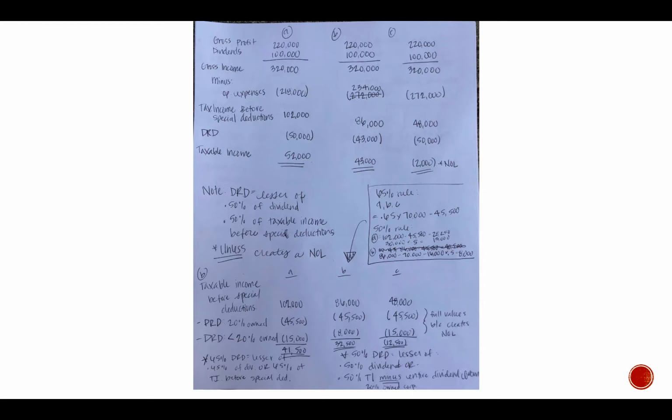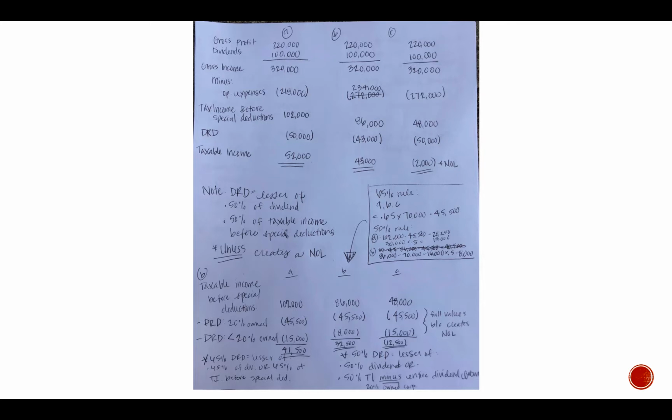Now, for the dividends received deduction for the less than 20% owned shares, you can see in the box I have a little box with an arrow. We kind of did that up here. So we know the 50% rule tells us either half of the dividend, which was $30,000, so $15,000, or taxable income before special deductions minus the entire 20% owned dividend.